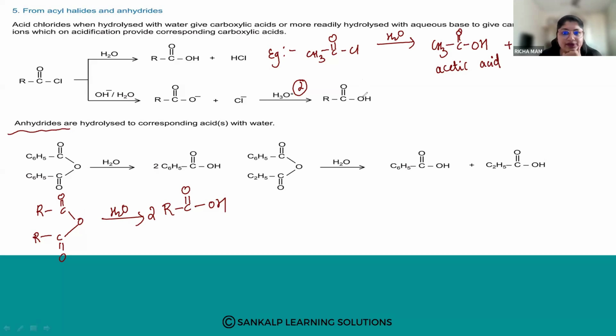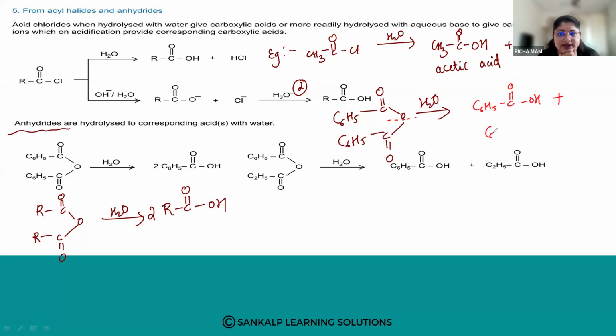If I give you an example here, you can take C6H5 C double bond O, C6H5 C double bond O. If I treat it with water, what am I going to get? This oxygen is common to both, so I'm going to get C6H5 C double bond O OH plus C6H5 C double bond O OH.